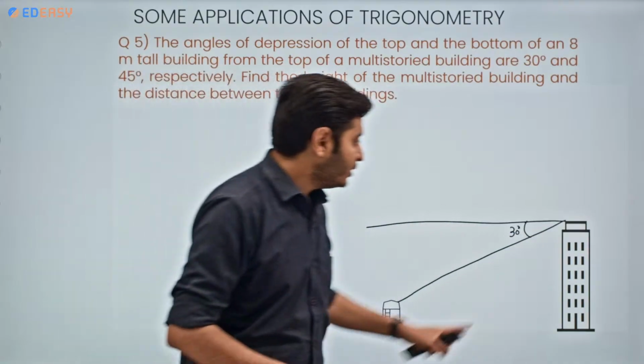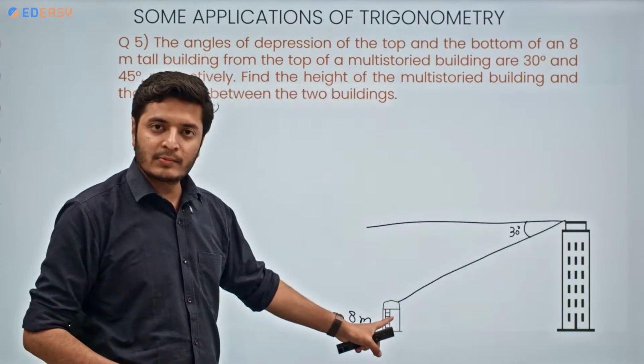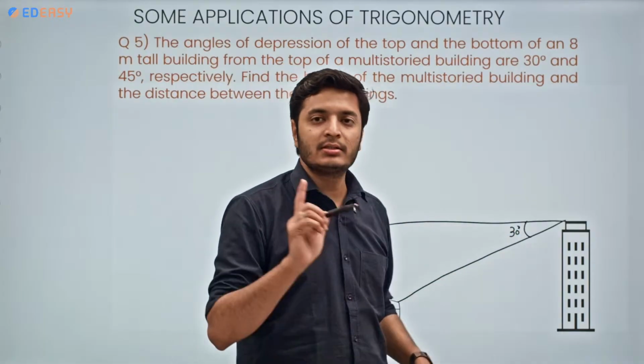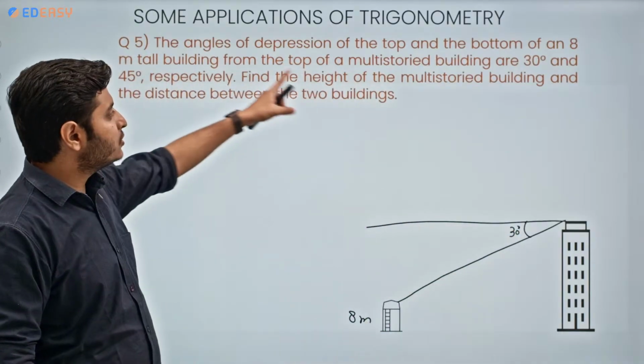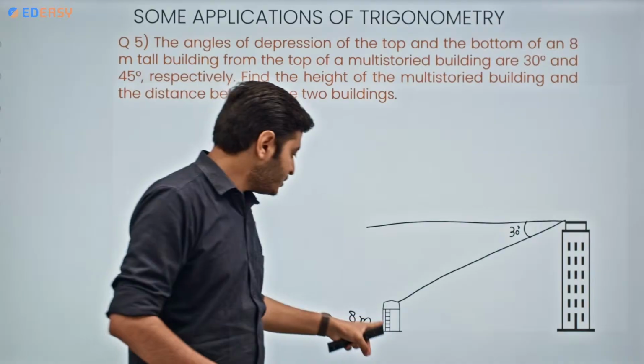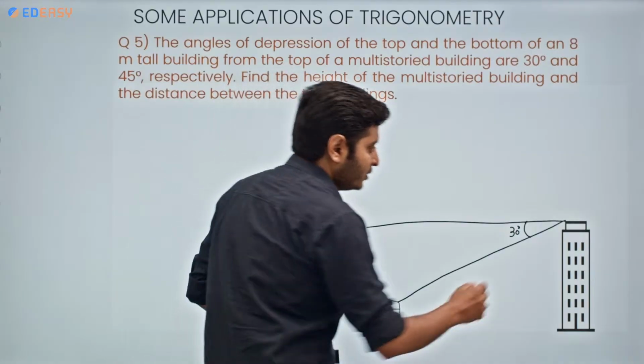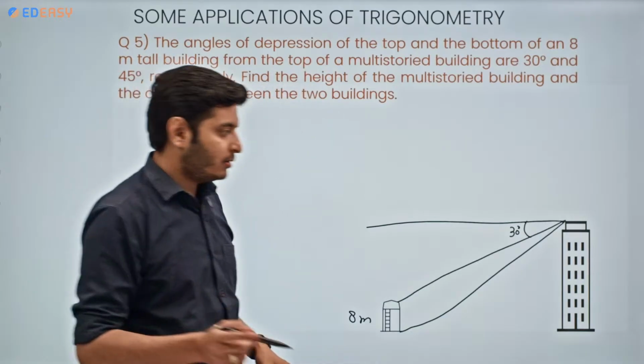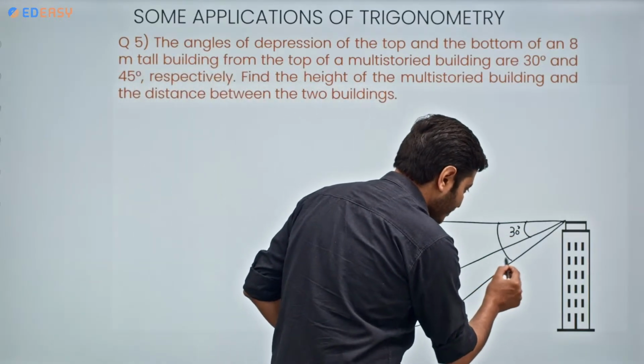But he is also looking at the bottom of this smaller building. So now the angle of depression he creates is different. It is 45 degrees. So this angle is 45 degrees.